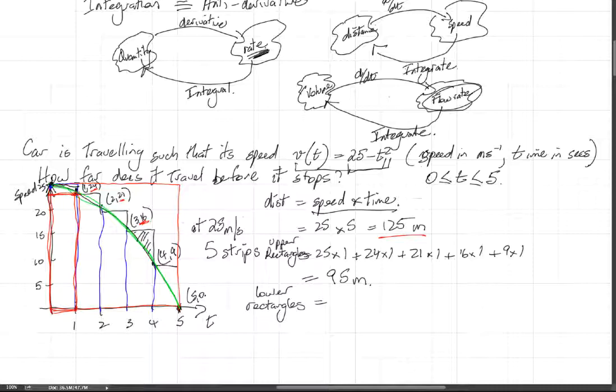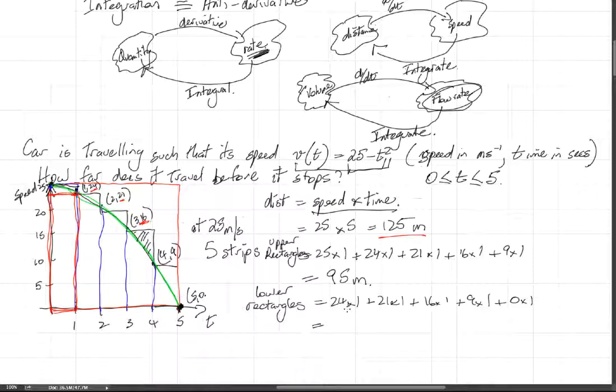We've got 24 times 1, so that's the distance we think it travelled, an approximation, in the first second, plus 21 times 1, plus 16 times 1, plus 9 times 1, plus 0 times 1. So 0 is the speed at the end of the fifth, and times 1. So we're saying it's not going to travel any distance in that last one.